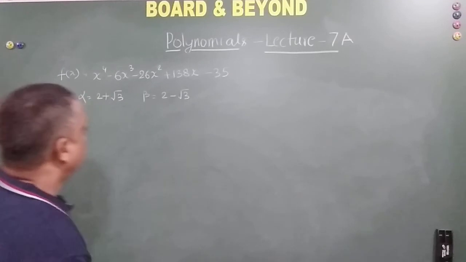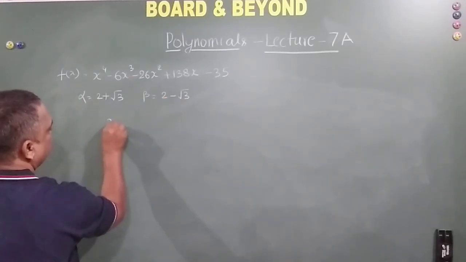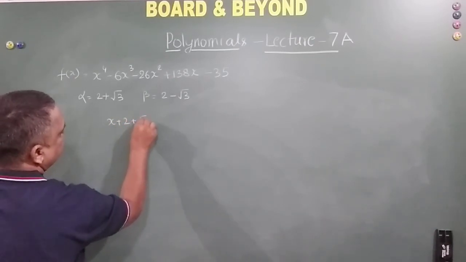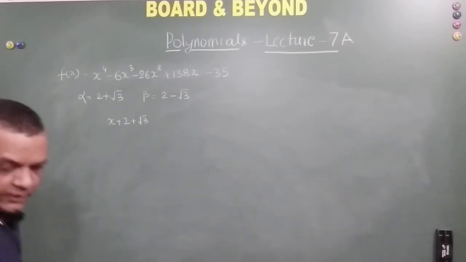Okay. So if these are the roots, this signifies that x minus 2 plus root 3... why do we do it that way?